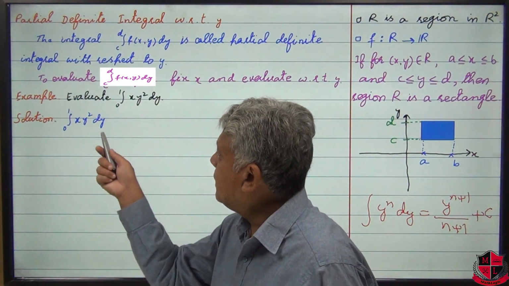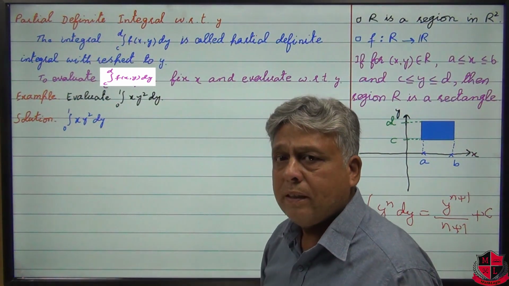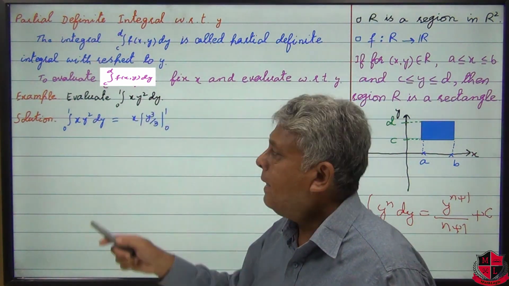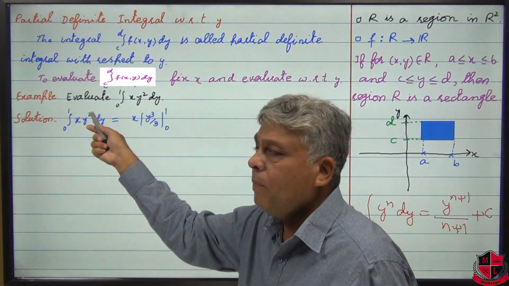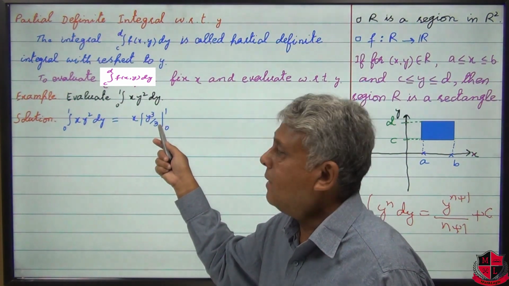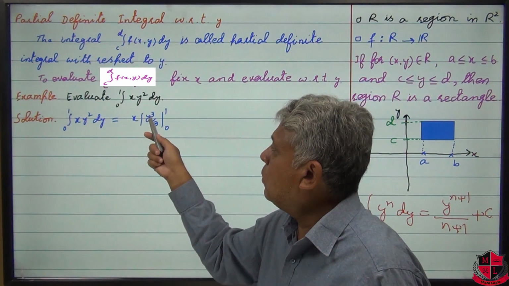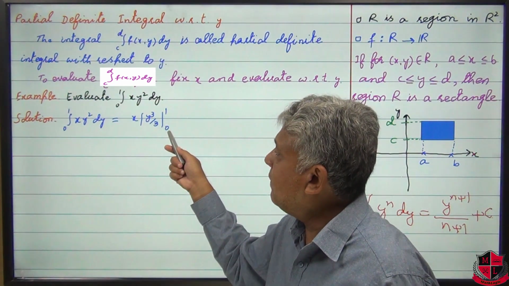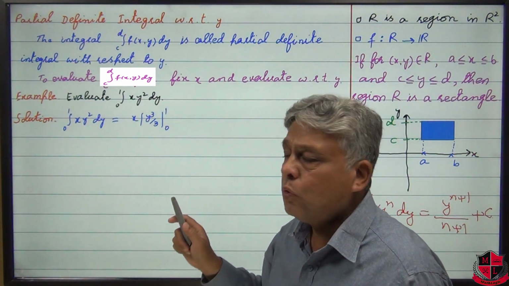Here in this integral, x is constant and we have to integrate y square. Increase the power 2 by 1, so the new power of y is 3, and divide by the new power 3, so the integral is y cube by 3, and the limits of integration we have written on the right hand side, 0 to 1.